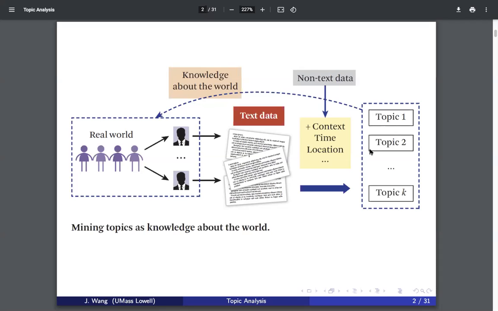Let's say we identify K topics: sports, politics, entertainment, travel, automobile, medicine, science. Those are labels you can put on the documents inside a corpus.